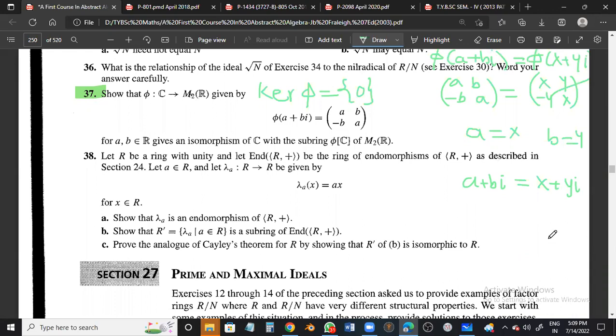Got me? Okay, so we have shown that our function phi is 1, 1. So this was just a kind of verification of the corollary. This is not the proof. This was just verification of the corollary.